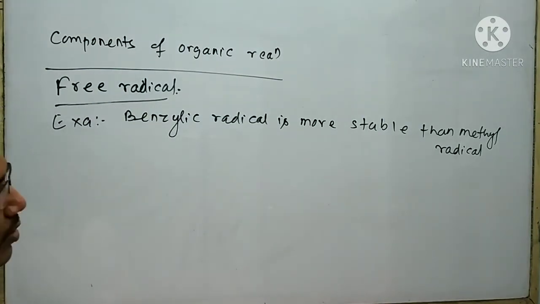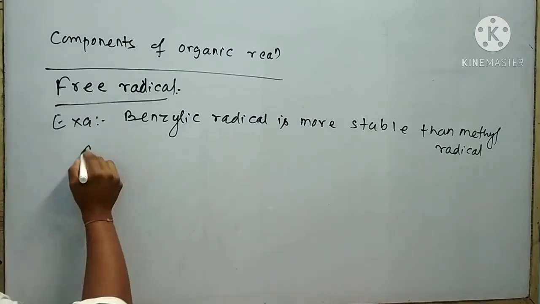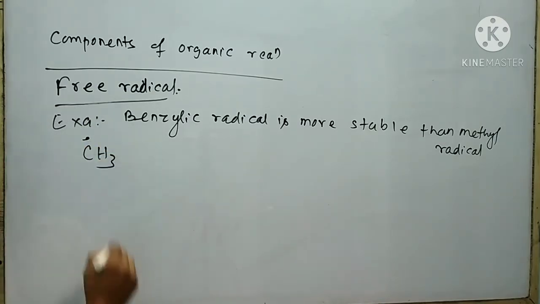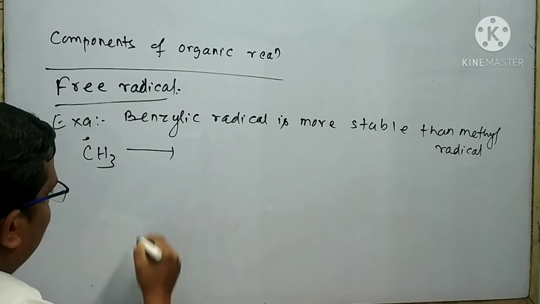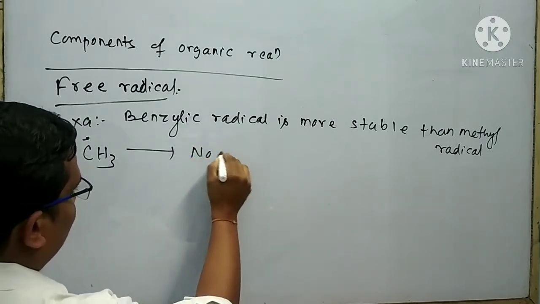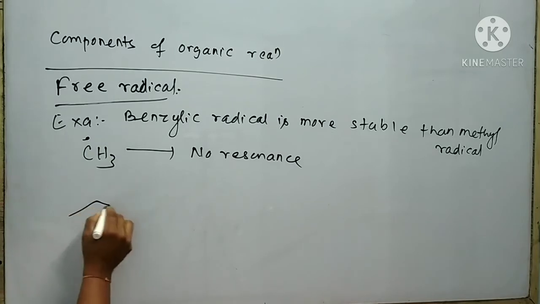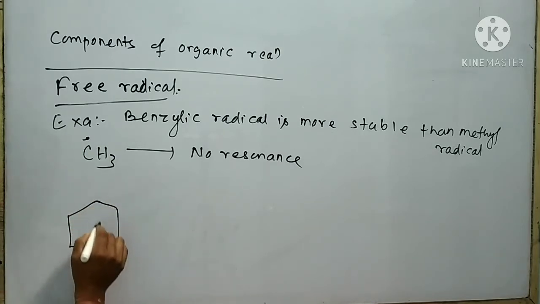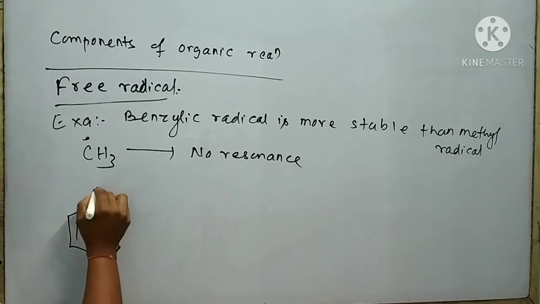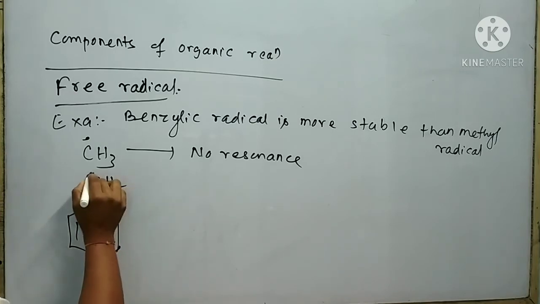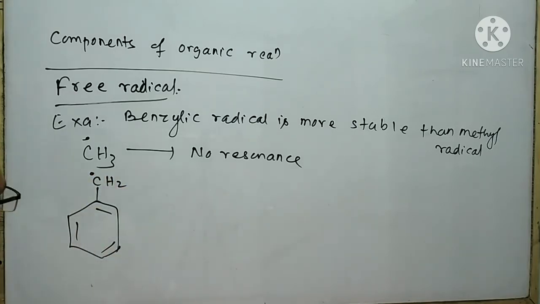If I think about the resonance structure of methyl radical, in methyl radical there is no resonance. But if I think about the benzylic radical, then there is the possibility of resonance structures. This is your benzylic radical.